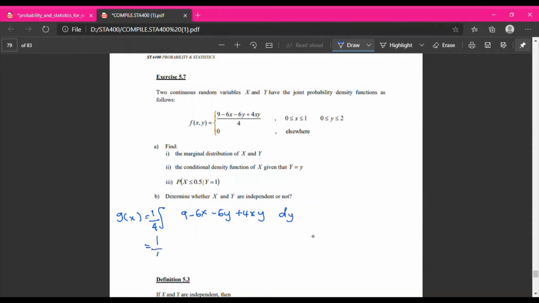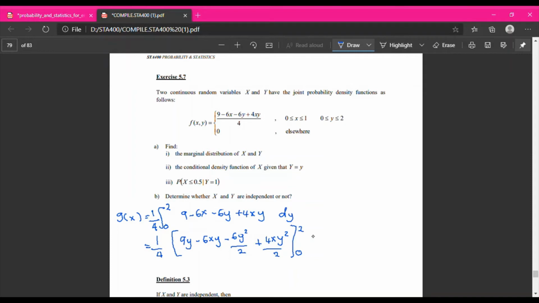Integrate that from where to where? We take the limit for y, which is 0 to 2. When we integrate 9 with respect to y, you will get 9y minus 6xy minus 6y squared divided by 2 plus 4xy squared divided by 2. Then replace all the y with 2, minus, replace y equal to 0.